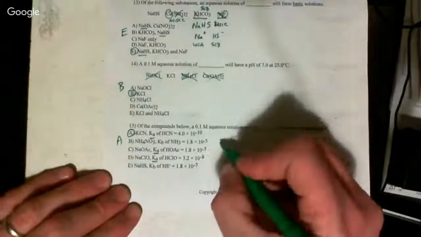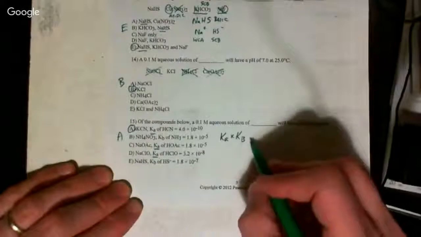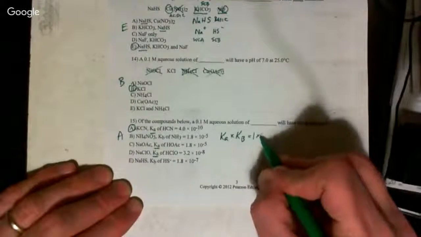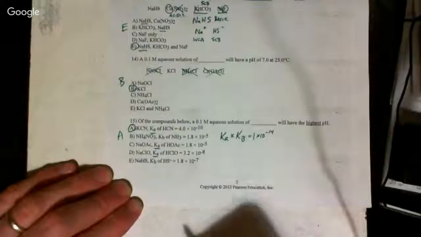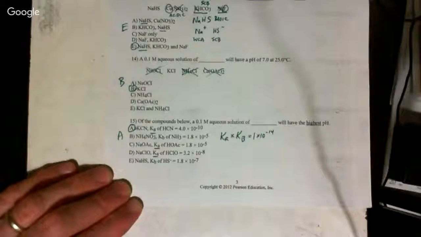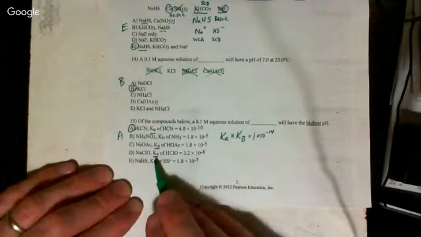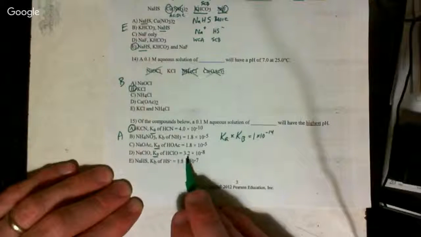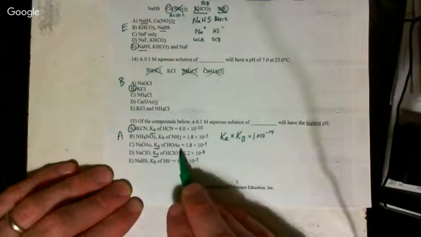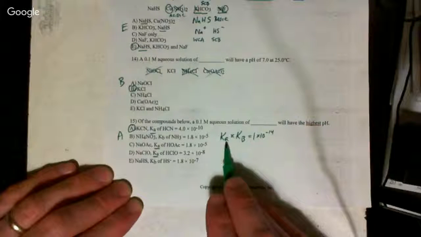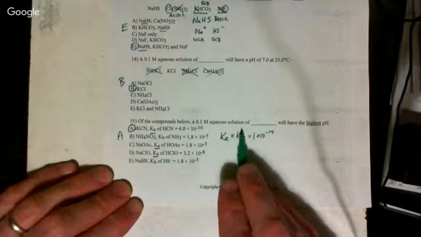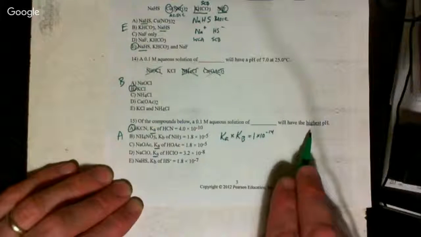You've got to remember that relationship, that Ka times Kb, when we're talking about acids and conjugate bases or bases and conjugate acids, that product is 1 times 10 to the negative 14th. What I'm really trying to do is figure out which of these aqueous solutions will have the highest pH. So you've got to really think about that.